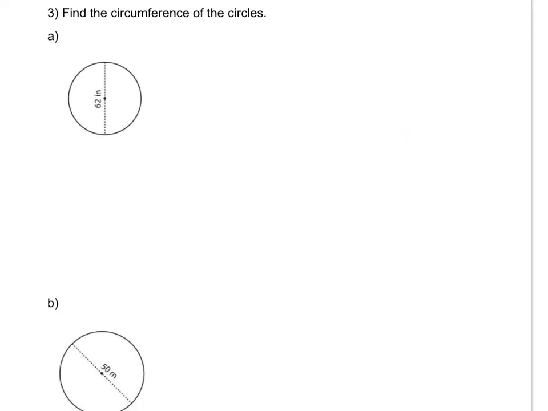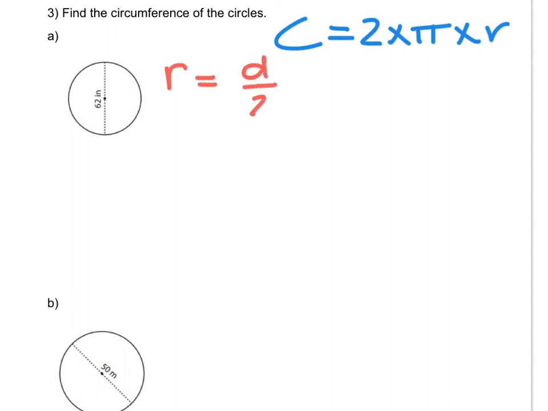Again, I'm going to write the formula out. Circumference equals 2 times pi times radius. Now if you look at this case here, what is the radius? Remember that radius is diameter divided by 2, and in this case we have the diameter, so we have to divide it by 2 to get the radius, which is 31 inches.